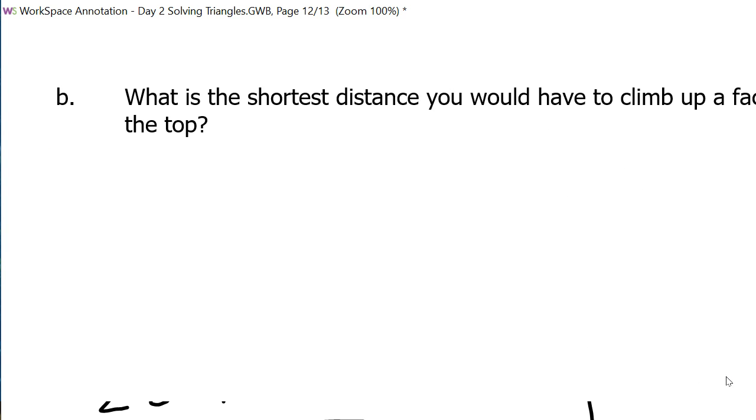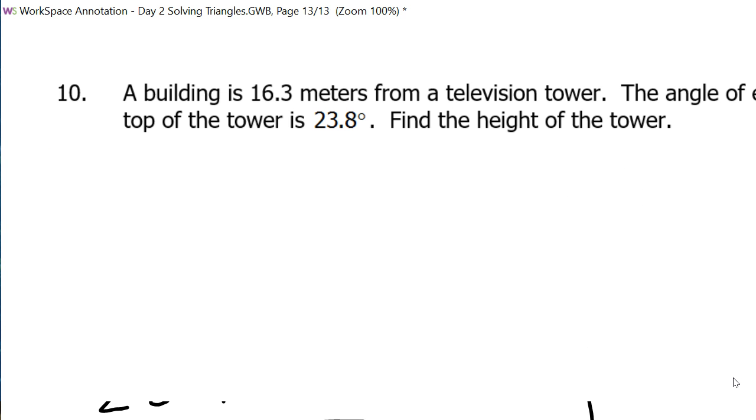Last one. Number 10, it says a building is 16.3 meters from a television tower. The angle of elevation to the top of the tower is 23.8 degrees. Find the height of the tower. So let's see. Here's my tower.